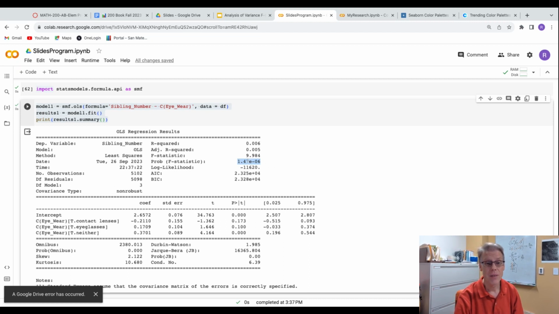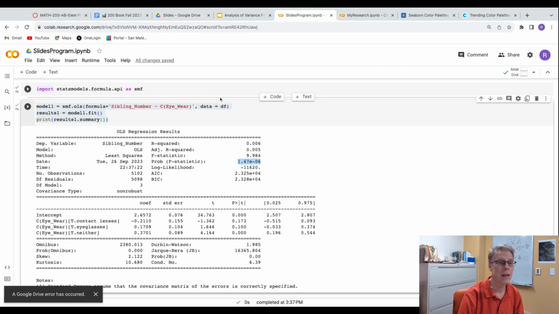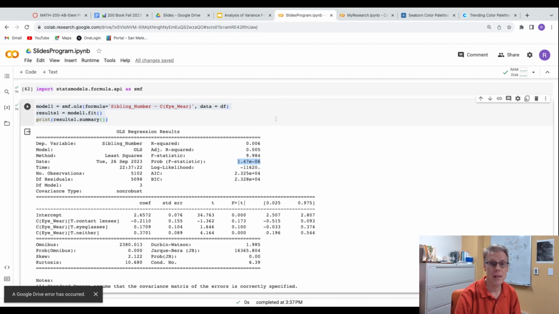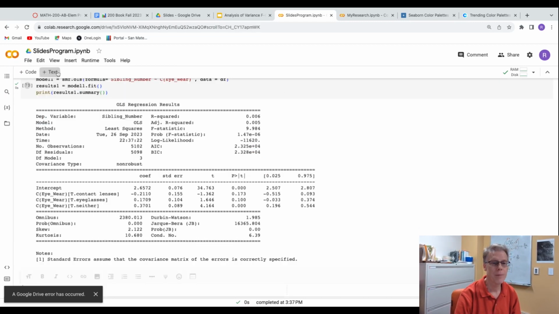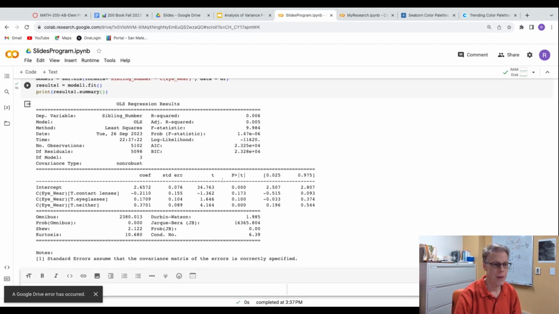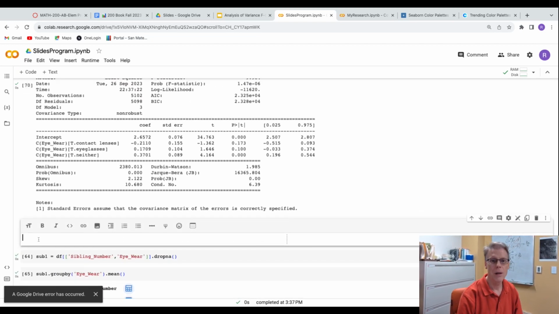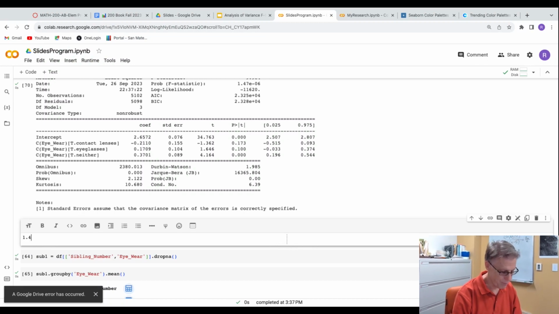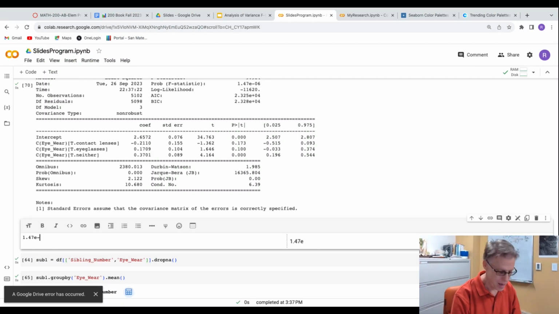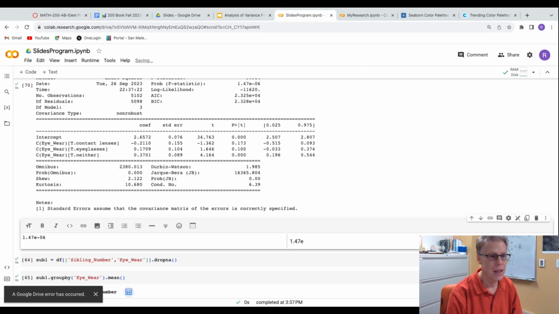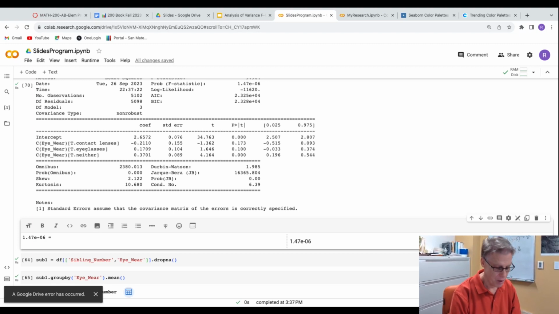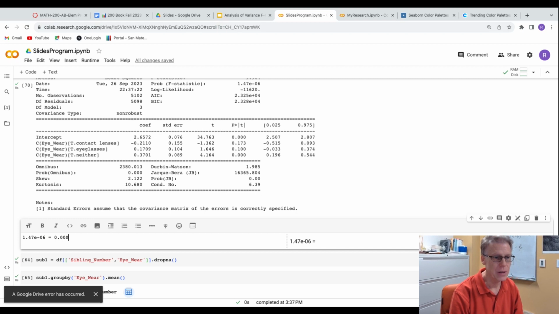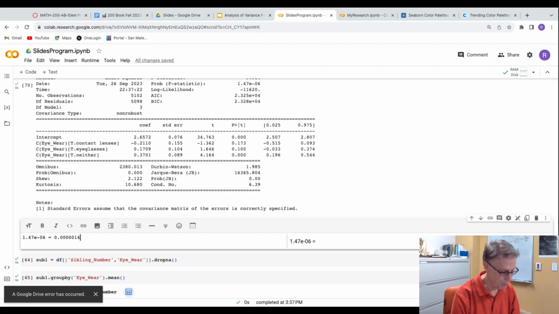In this case, this p-value, 1.47 e negative 06, that's scientific notation for 0.000000147. Let me see if I did that right.